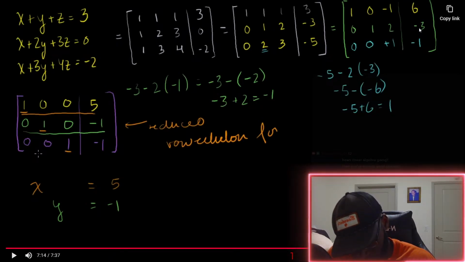And negative 3 plus 2 times 1, which is 2. So negative 3 plus 2 is negative 1. Alright. That should be negative 1.